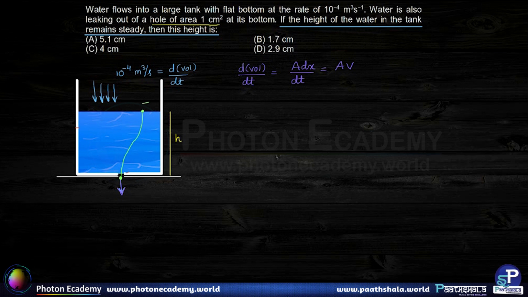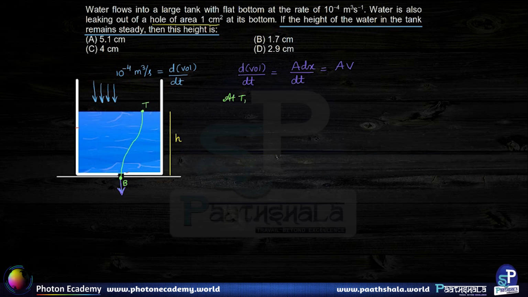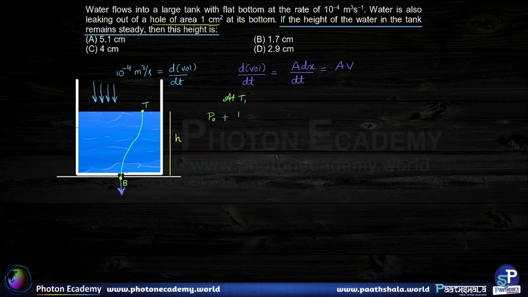So let us say this point is the topmost point T, and this point is the bottommost point B. At point T, this point is exposed to the atmosphere, so the pressure is going to be atmospheric pressure. Plus, this has zero velocity because the level of the water is constant in the tank, and hence it is not decreasing in height or having any velocity.